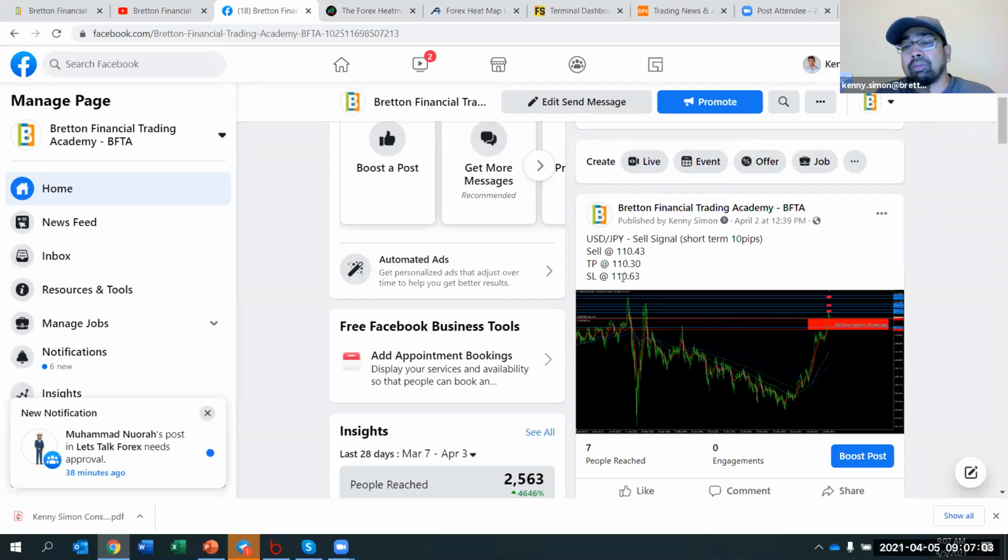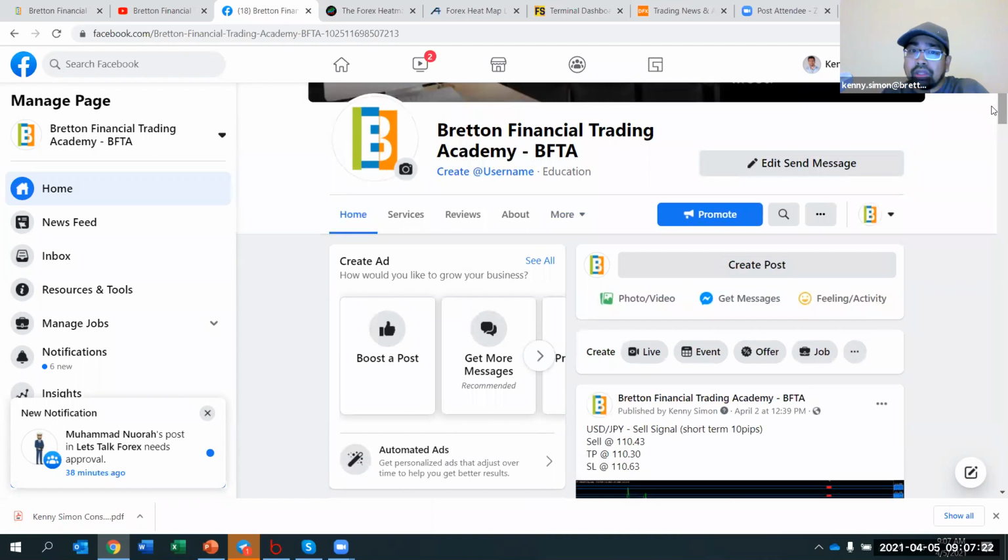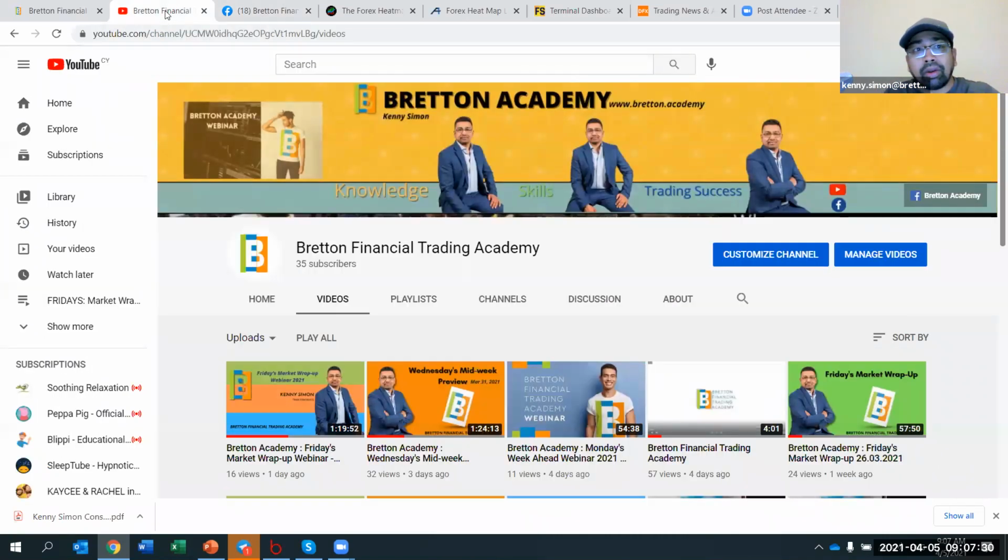Here, for example, it was a USD/JPY sell signal, short-term, 10 pips already hit, I think, and TP 1130 take profit, stop loss here and stuff like that. That is just a bit of a suggestion. I prefer to put it in written format on the Facebook page, and then the same signals or even more signals are in our webinar section.